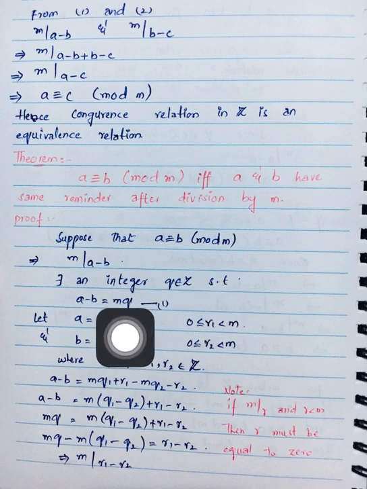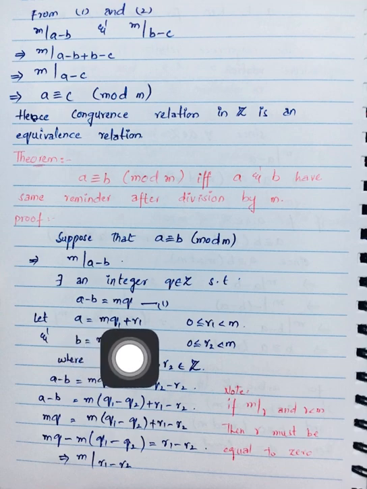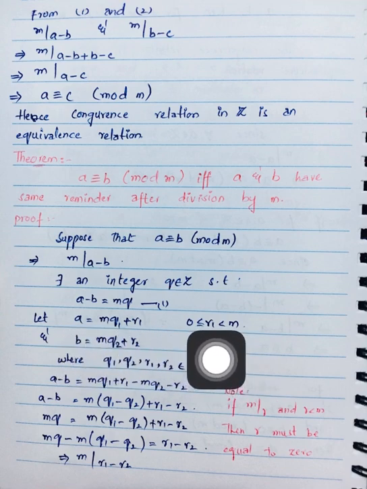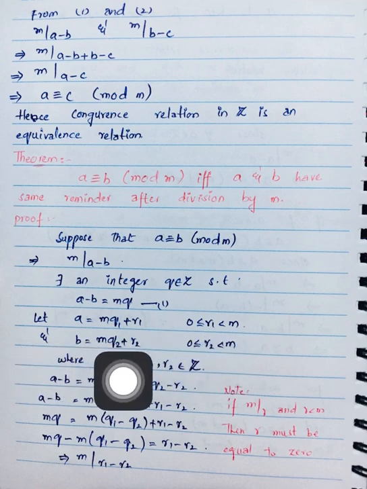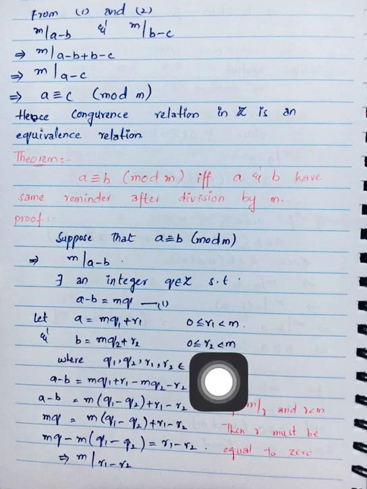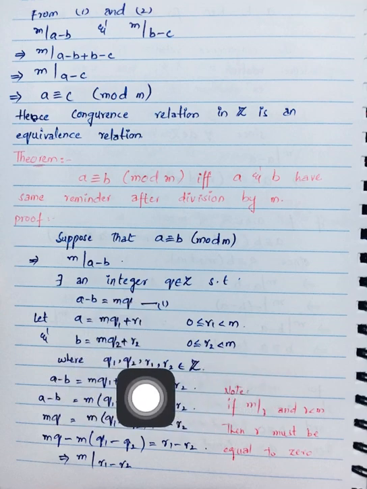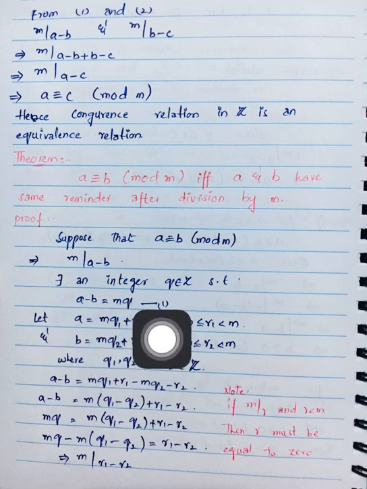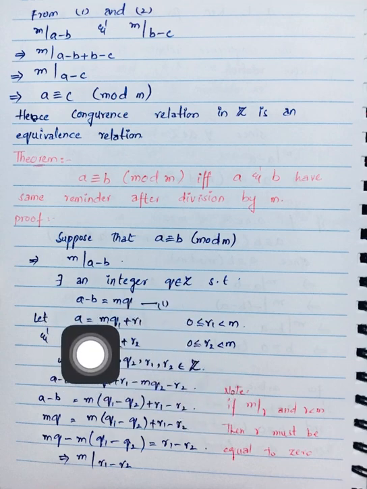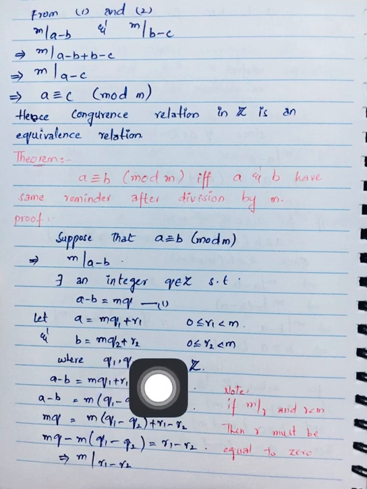This is equation 1. Now let a equal mq1 plus r1, where r1 is some remainder less than m, and b equals mq2 plus r2, where r2 is some remainder less than m, and q1, q2, r1, r2 belong to the integers. Now I subtract these two equations: a minus b equals mq1 plus r1 minus mq2 minus r2.